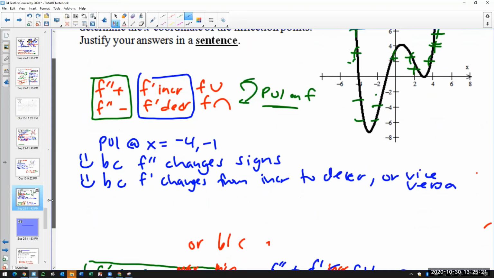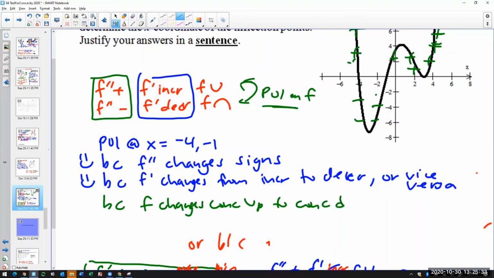Now, if you write this last one, it'll be counted wrong, even though it's not wrong. So if you write because F changes from concave up to concave down, or vice versa, okay? On your quiz and on your test, it'll be counted wrong.